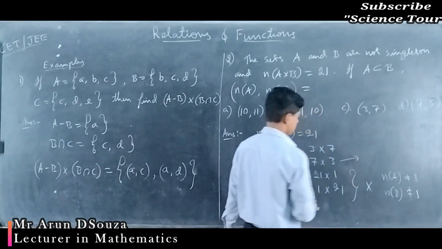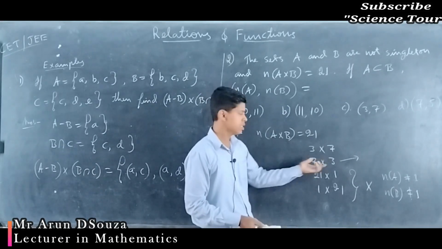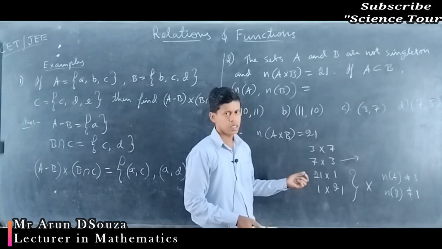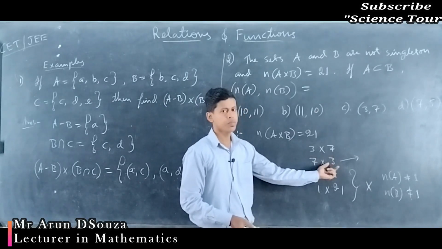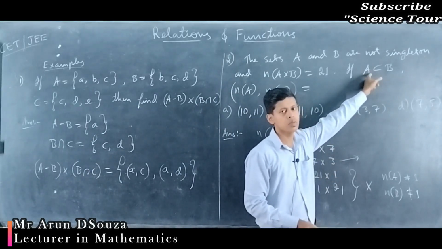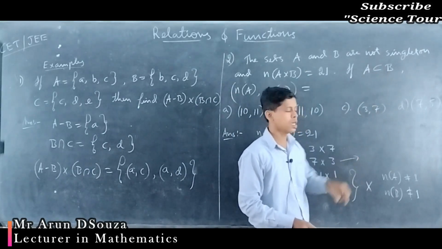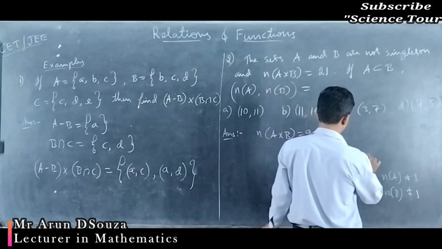In this case, A has more elements than B. Is it allowed? No, it's not allowed. It's not possible at all, because B is the bigger set. B must have more elements. So this is not possible.